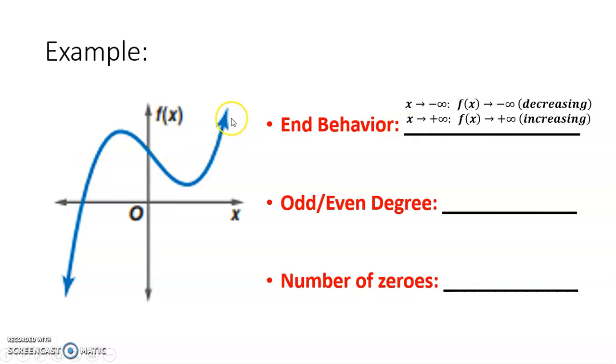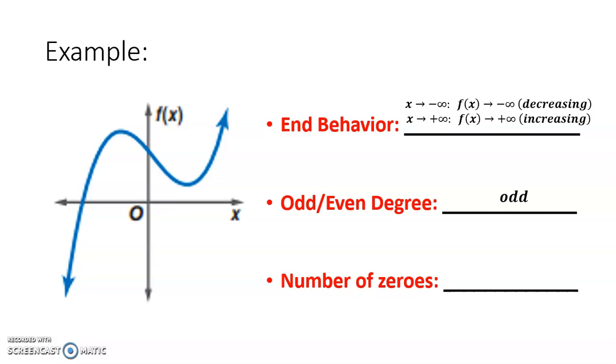And if x approaches positive infinity, or on the rightmost side of our polynomial function, we can see that the value of the function is increasing, or f of x approaches positive infinity. So notice that the right side and the left side go in opposite directions. Therefore, we can say that this particular polynomial is an odd degree polynomial.